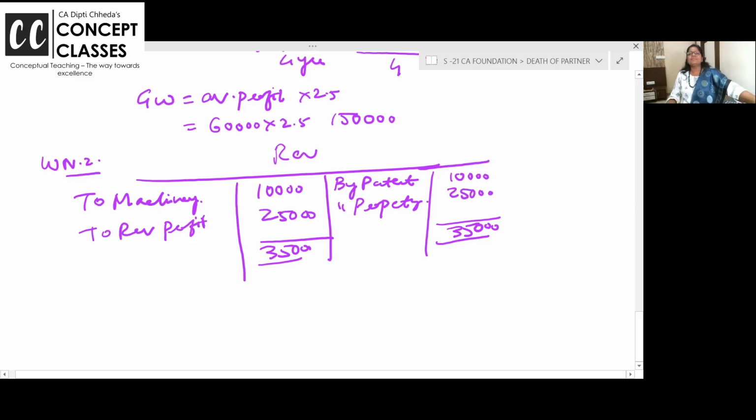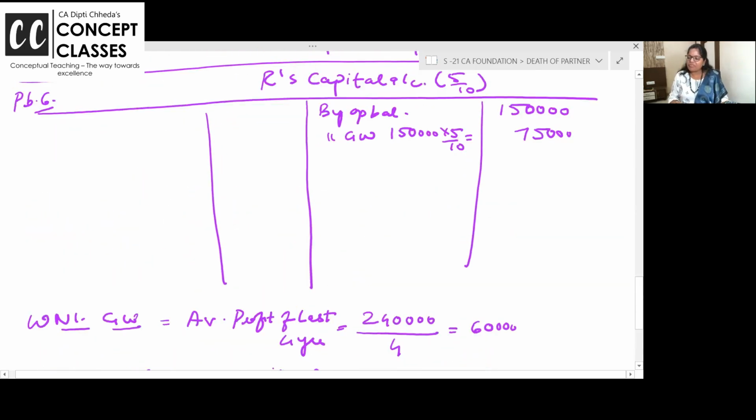Super easy. Relax and do today's class. No technicality. Only the deceased partner's capital account is the focus. Let's go. 25,000 is the revaluation profit. In that, how much is his share? 5 by 10. 25,000 into 5 by 10. So 12,500. Give it.